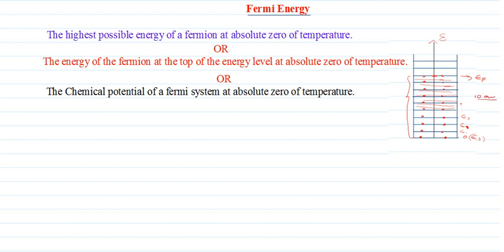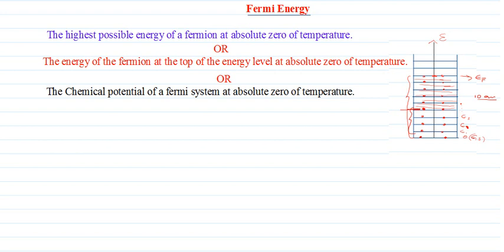For occupying 10 electrons at absolute zero, we need only 5 levels, considering the double degeneracy of electrons corresponding to spin equal to half. So all the 10 electrons can be accommodated within 5 energy levels. For that 10 electron system, this will be the value of Fermi energy.